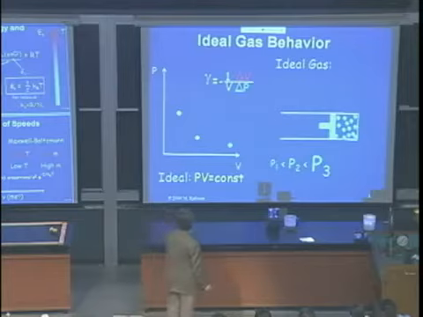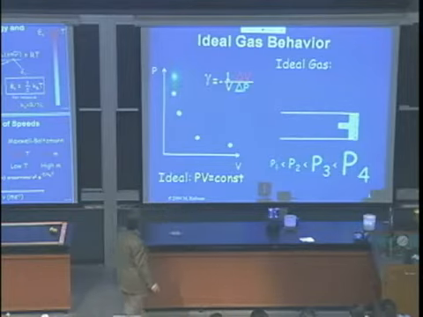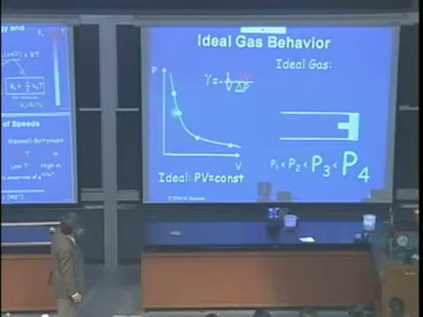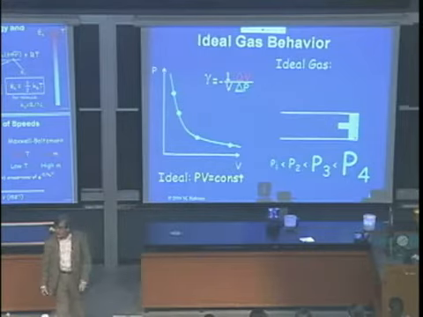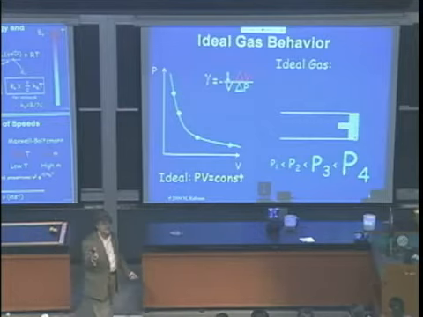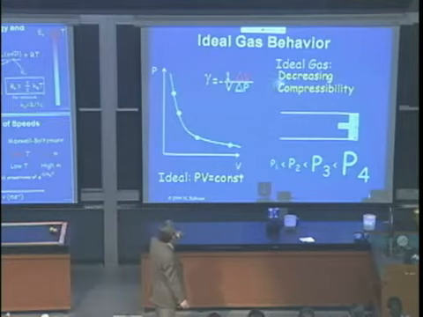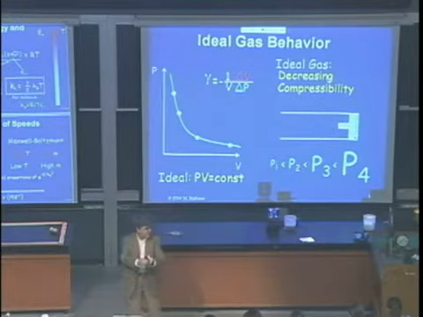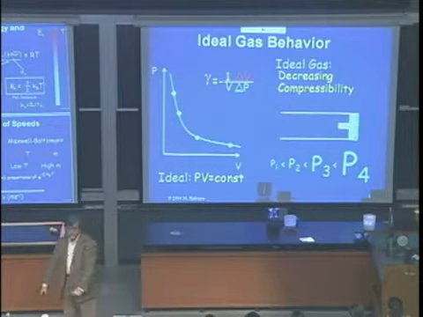And even if you want to compress it more, you have to use a very large amount of pressure from here to here, compared to the very small gain in volume decrease. Okay? This makes sense, doesn't it? This we call compressibility, and the compressibility decreases as you compress the gas. You will eventually come to a point where you can't compress it anymore. All right? So this is an ideal gas.